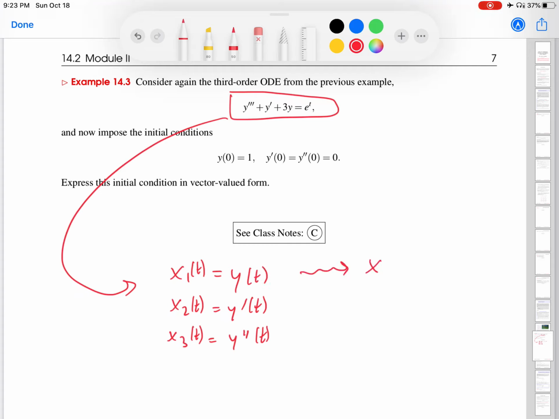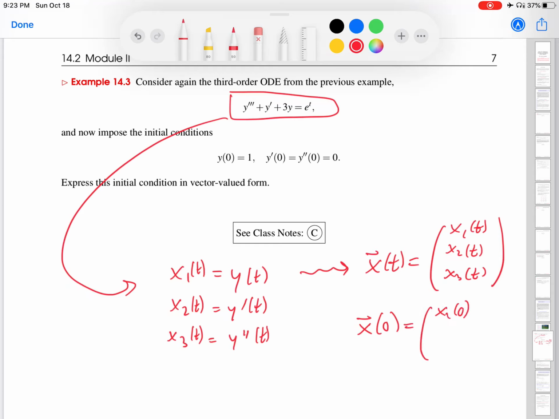Well, the vector valued function that we assemble from these three x's looks like that. So let's now look at what happens if I look at vector x of 0. Okay, so that would be plug in t equals 0 on the right, and that leaves me with three quantities.